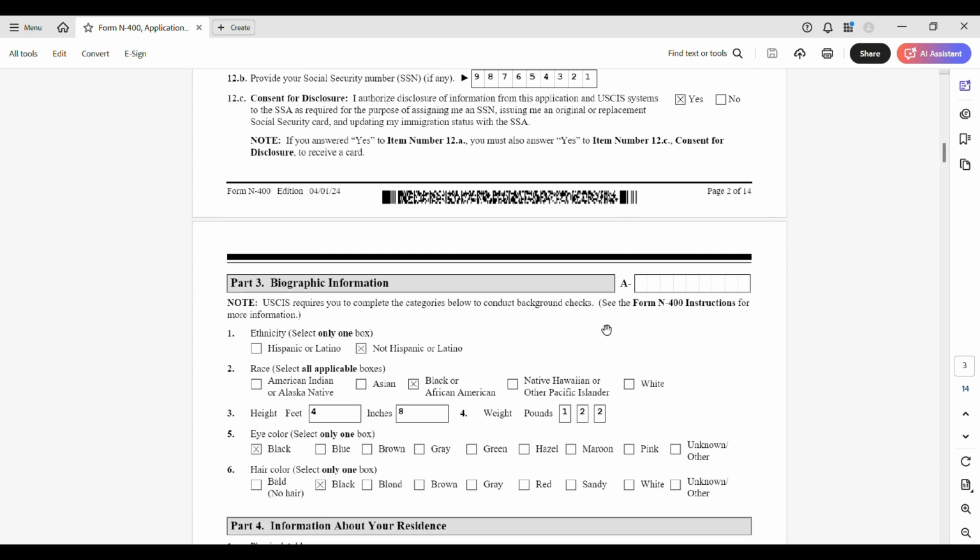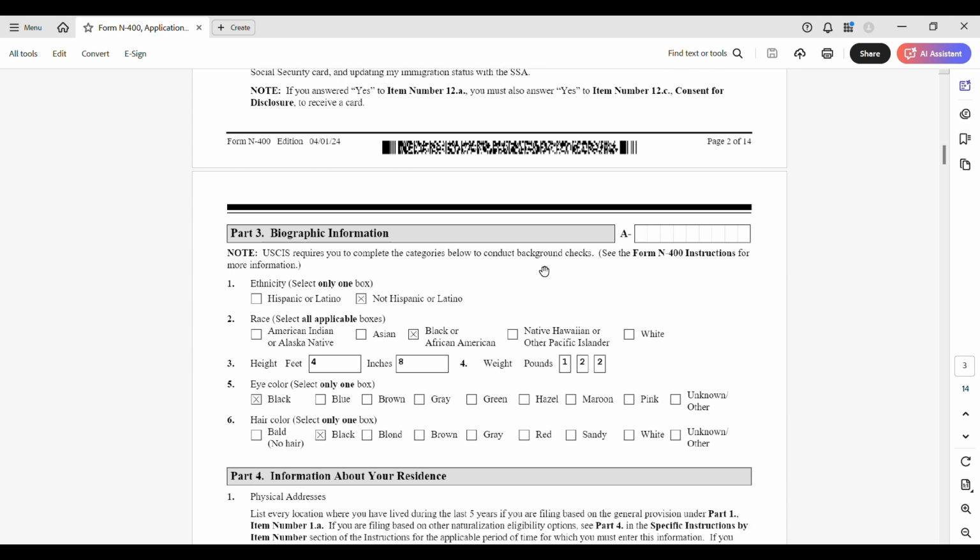Moving on. Part 3, biographic information. Reminder, always put your alien number here. Note, USCIS requires you to complete the categories below to conduct background checks.